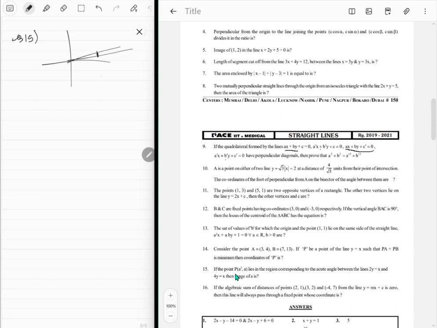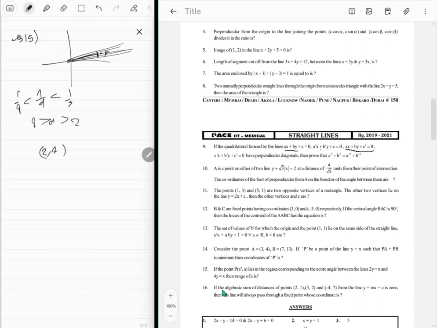This acute angle region, this point lies in there. So the slope must be between these two slopes. That's it. Just 1 upon 2 less than 1 upon A less than 1 upon 4. So A is less than 4 and bigger than 2. So (2, 4), that is the thing.